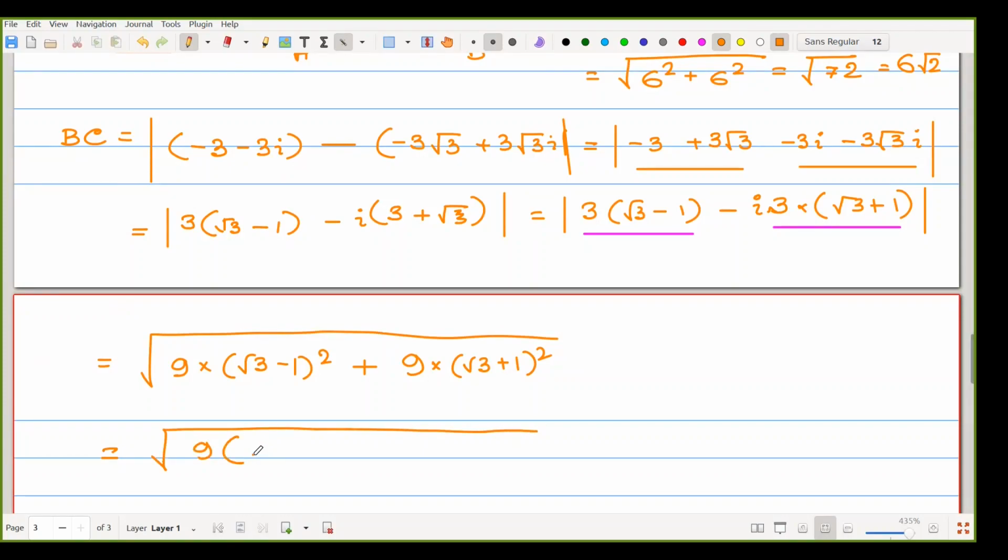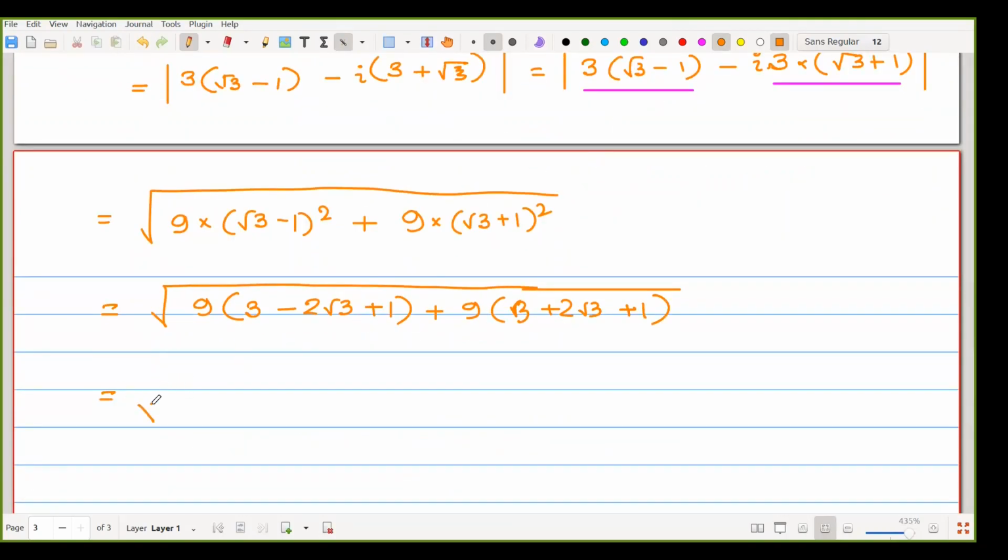9 into root 3 whole square, that means 3, minus 2 root 3 plus 1, plus 9 into root 3 whole square, that means 3 plus 2 root 3 plus 1.